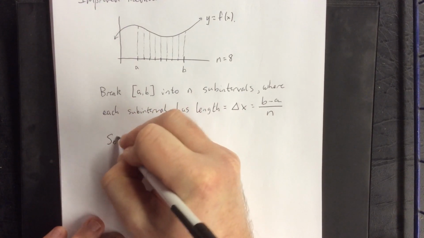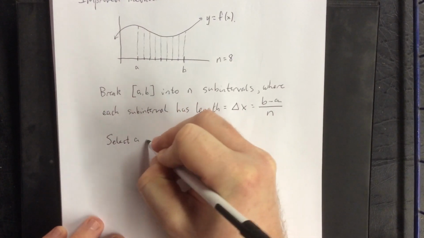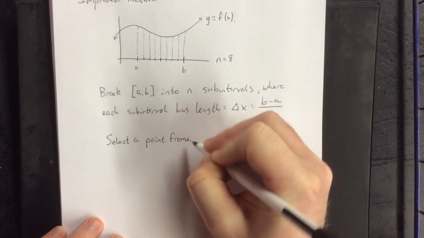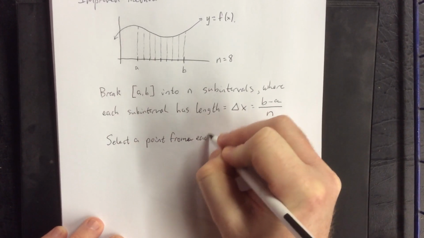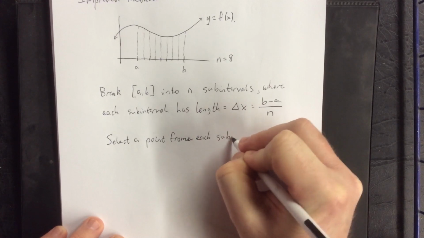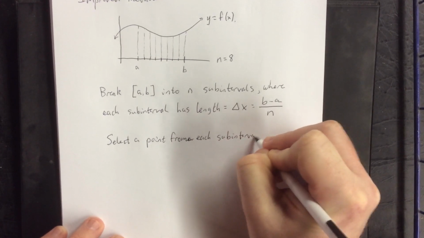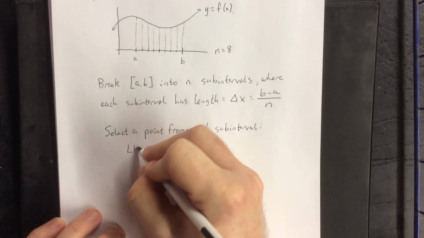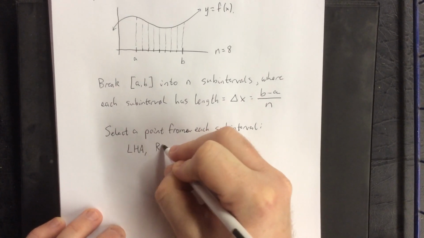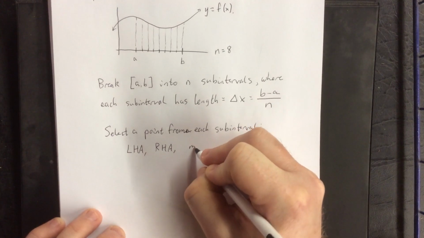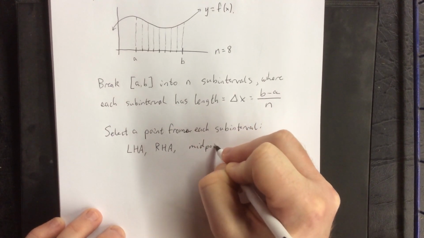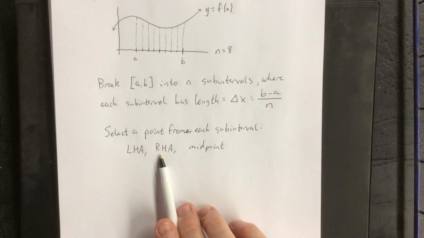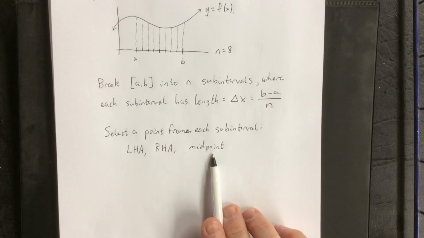So select a point from each subinterval. The three most common ways to do this would be to select the left endpoint, select the right endpoint, or select the midpoint. This stands for left-hand approximation, right-hand approximation, and midpoint.